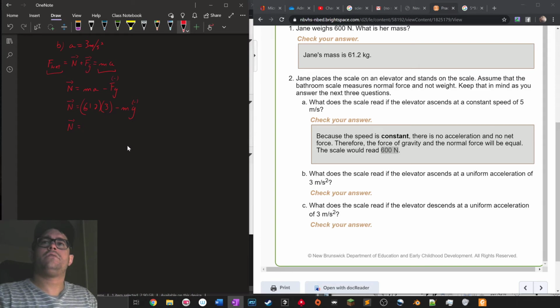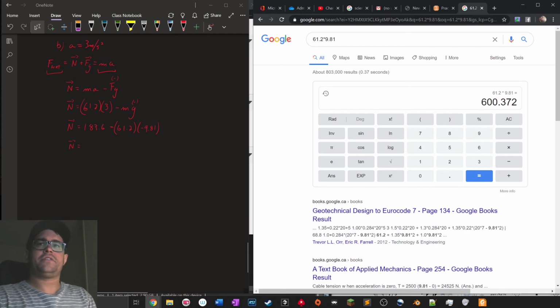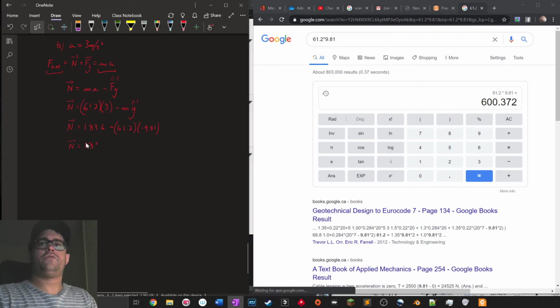So N. 3 times 61.2 is 183.6. The mass is 61.2. We could have done things differently. Times minus 9.81. So 61.2 times 9.81 is 600. Plus 183.6.